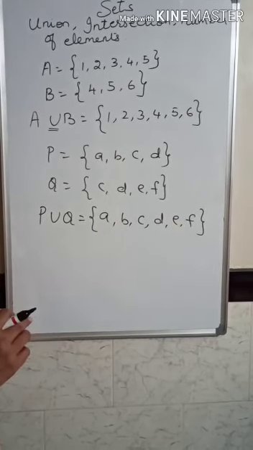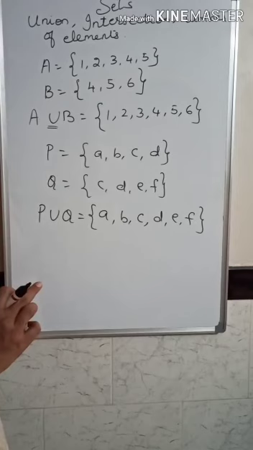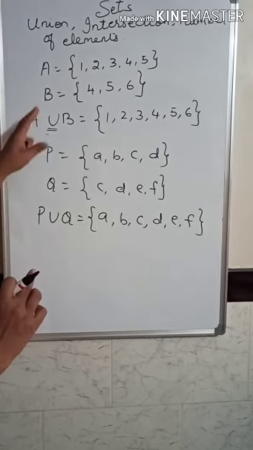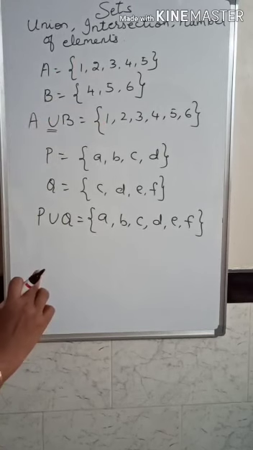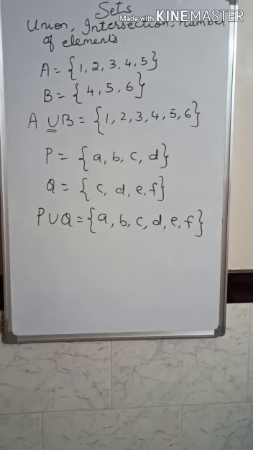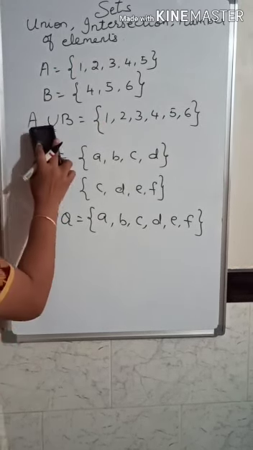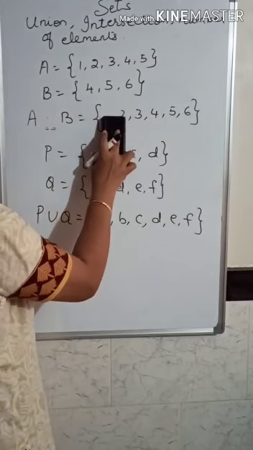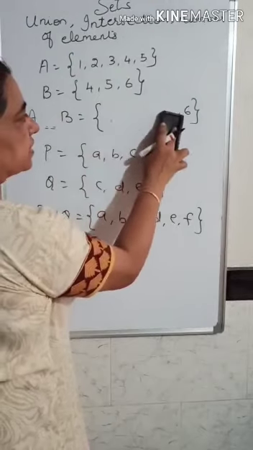Next we have the intersection of sets. What do we mean by intersection of sets, or how do you find the intersection of sets? For that I'll consider the same example. To find the intersection of the two sets, I need to write down only the elements that are repeated.